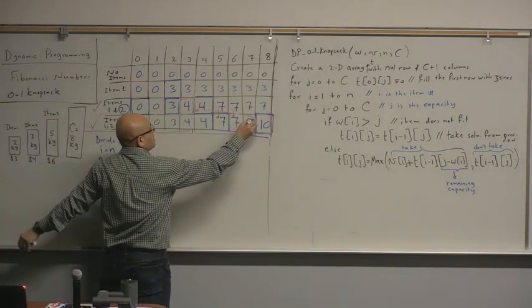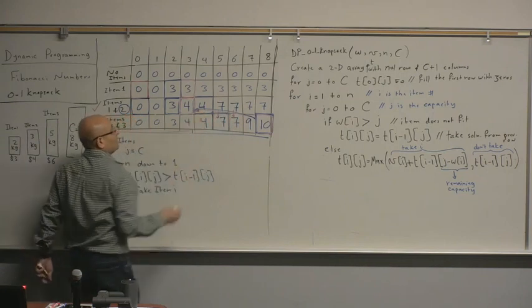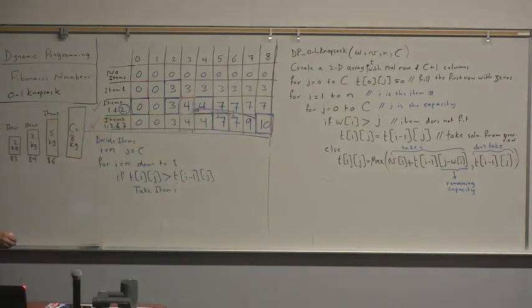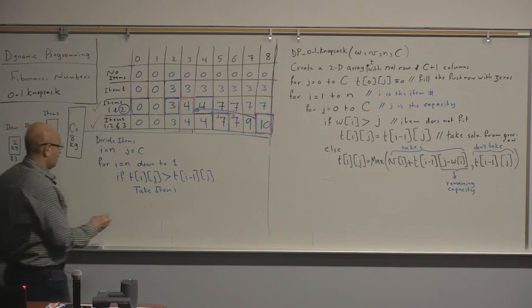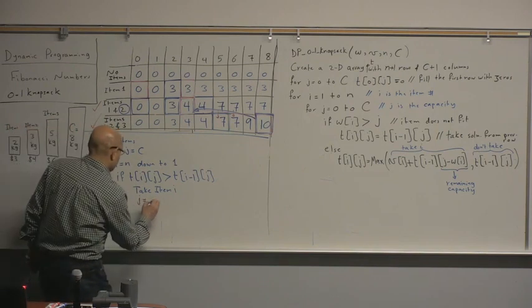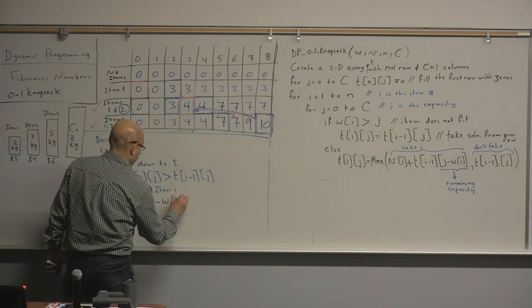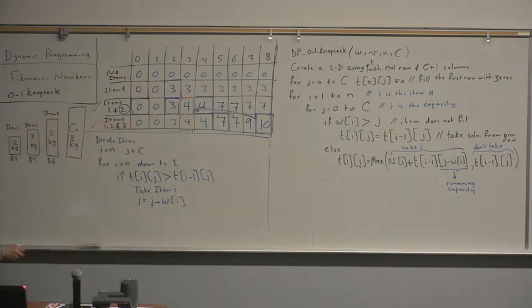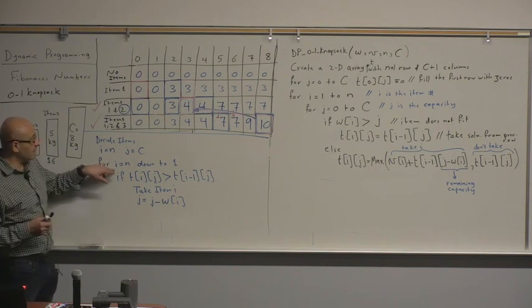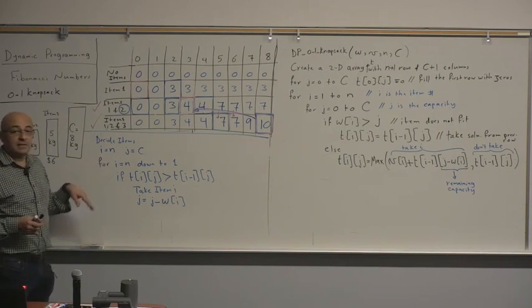So how did I decide what this square is? I changed j. j equals j minus weight of I. And in fact, that's all I need. That's it. And I will get decremented automatically because it's the loop counter.